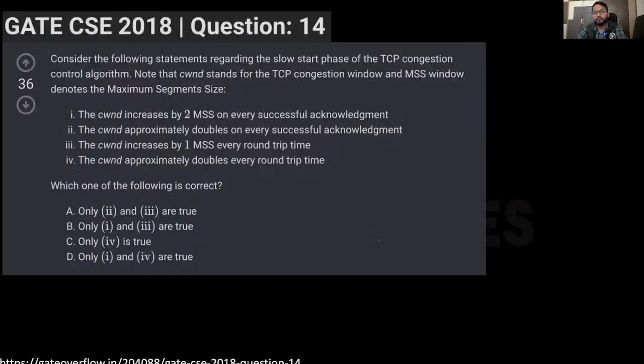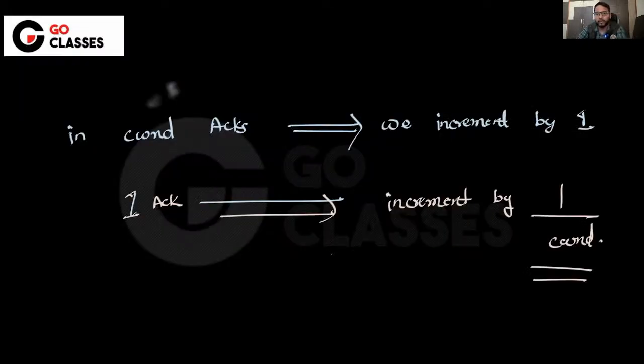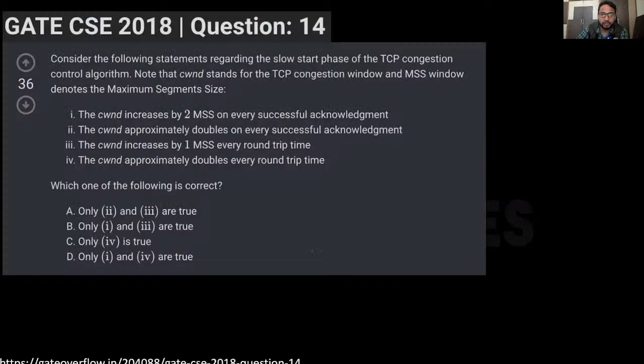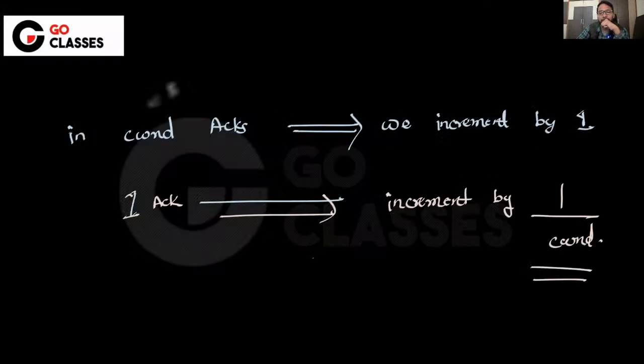Now let's solve this question. But before I go to this question, this is a very nice question. Before that, let me just summarize everything that we have studied. So in slow start, whenever we are sending some CWND, after receiving the whole window, we are doubling, which means that in every ACK we are incrementing by 1.